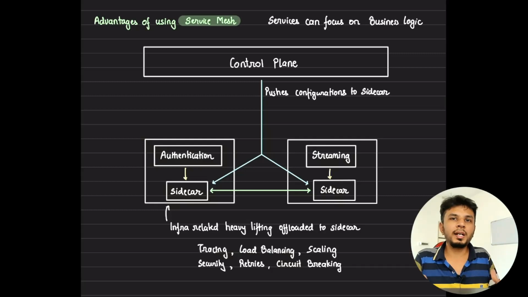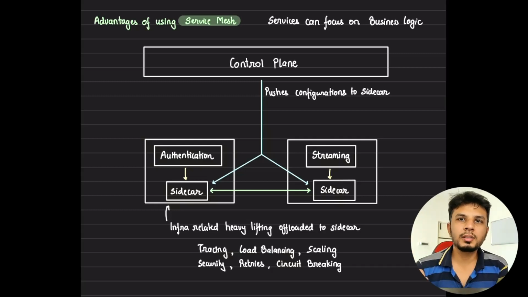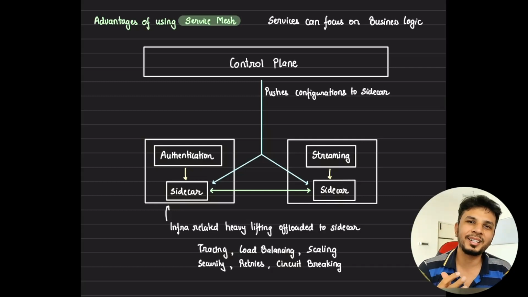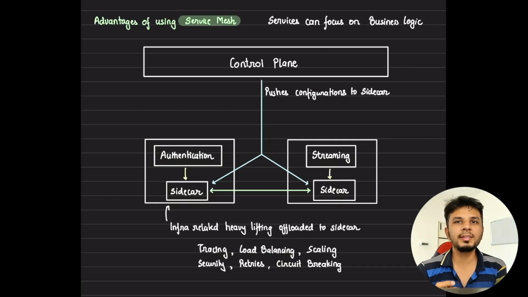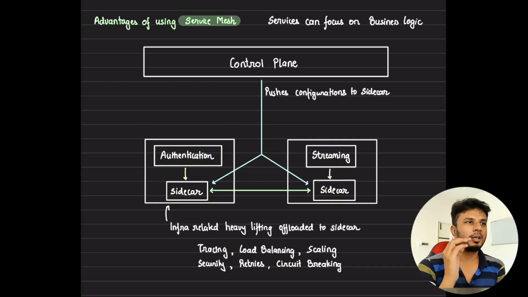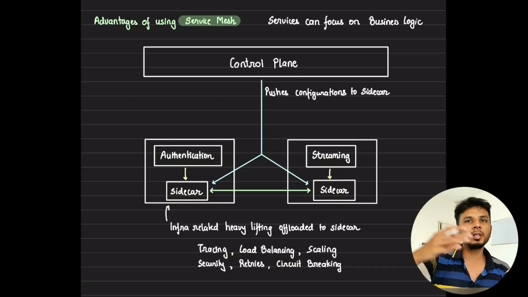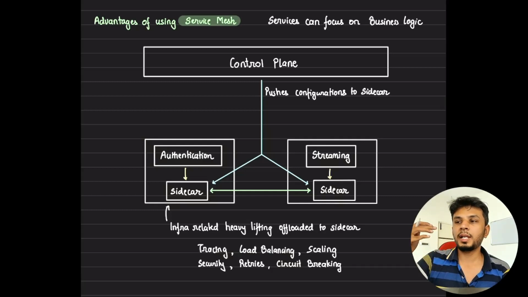Now what is the advantage of using this sort of complicated thing? Because the load balancer was working fine, why do you want to add such complexities to your architecture? A very simple reason that justifies this is that every service needs to take care of, hey, if I'm talking to another service, what if that service does not give me a response in, let's say, 5 seconds?